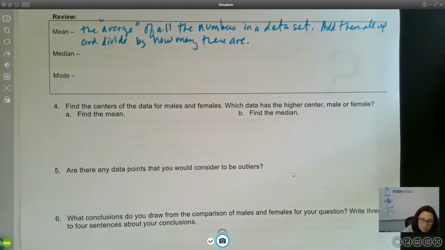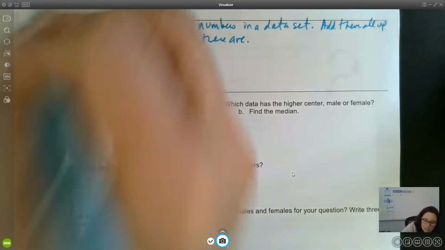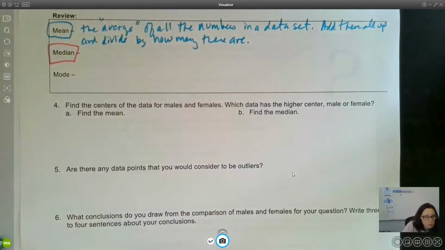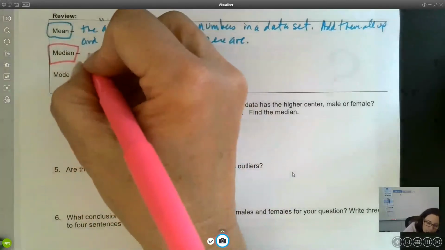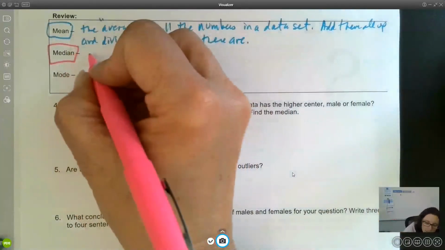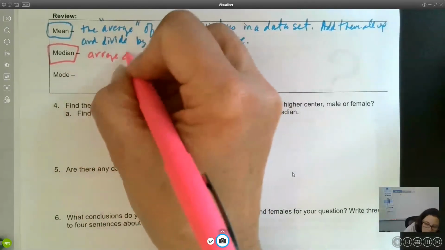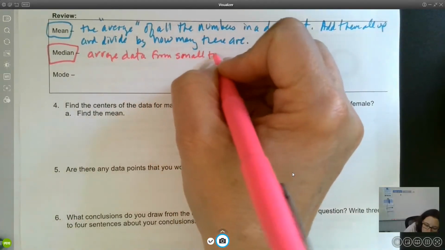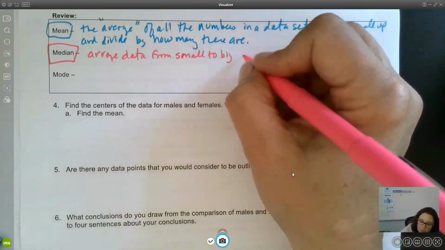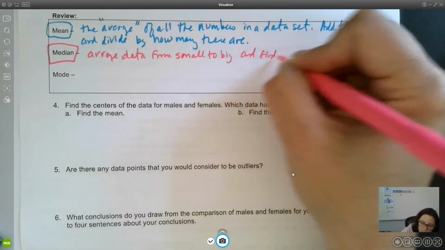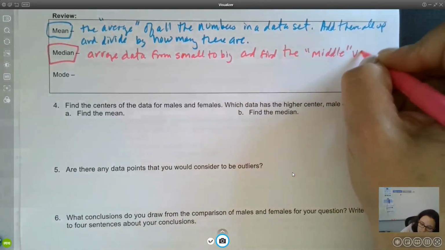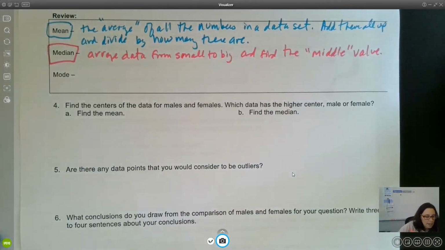Okay, median. Let me again switch colors. I didn't go over so bad this time, but it'll just kind of separate it out a little bit. Median, I'll do in pink. The median: arrange data from small to big and find what we're going to call the middle value. And then mode, change to green.